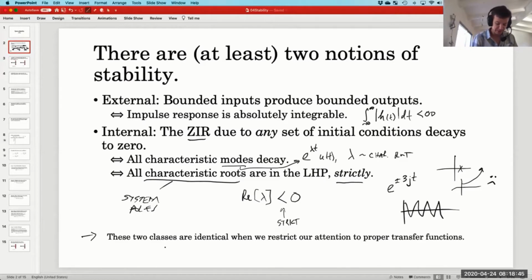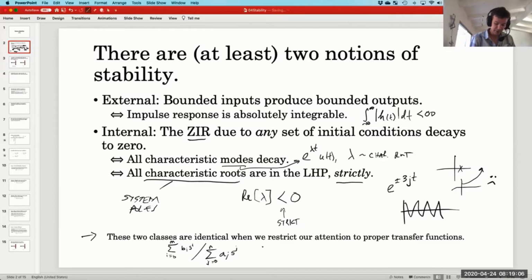So again, this is things like transfer functions like the sum of b sub i s to the i, where i runs from 0 to m, over the sum of a sub j s to the j, where j equals 0 to little n.